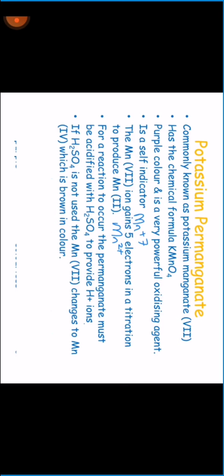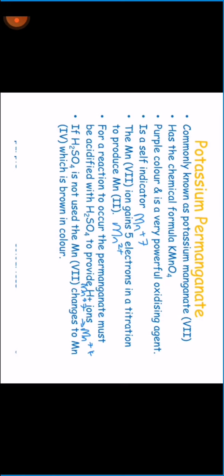If sulfuric acid isn't added, or if the permanganate isn't acidified, you will get a reduction from Mn plus 7 to Mn plus 4, and this gives a brown colour that you want to try to avoid, as it is an intermediate oxidation state.